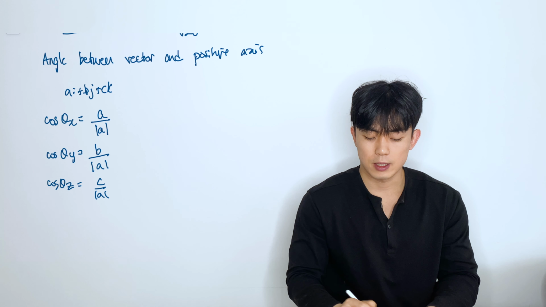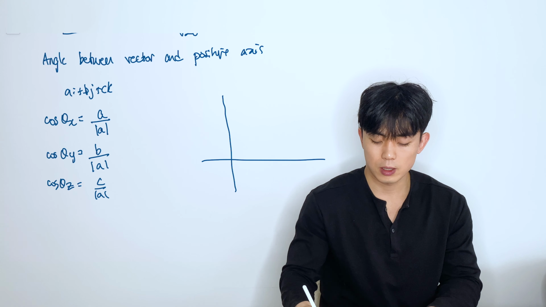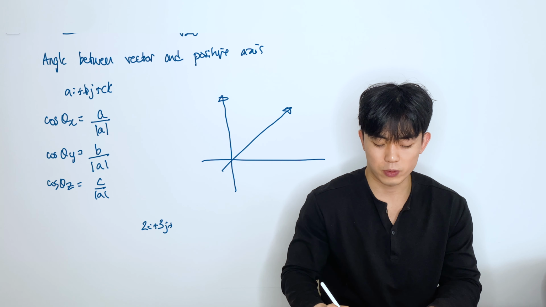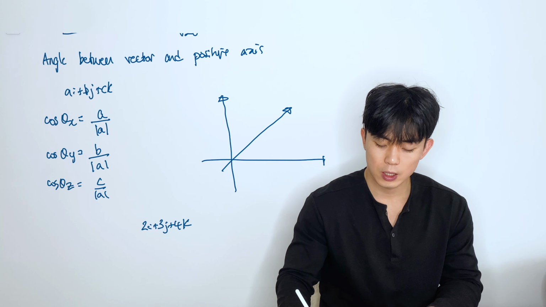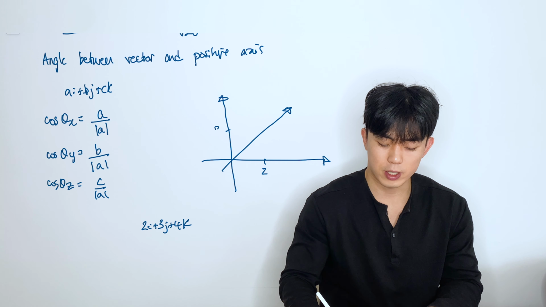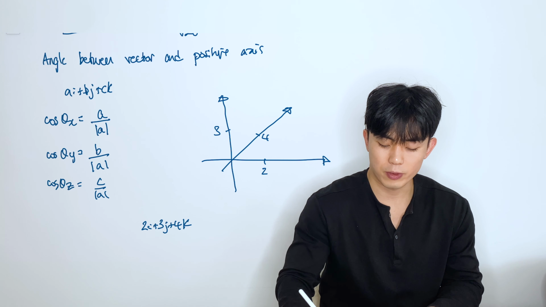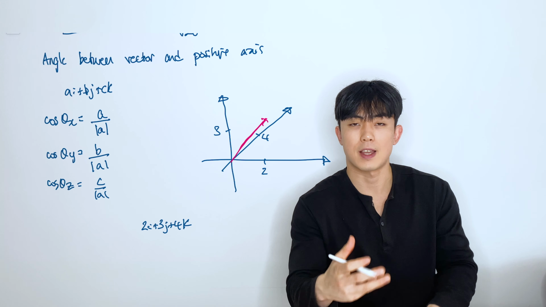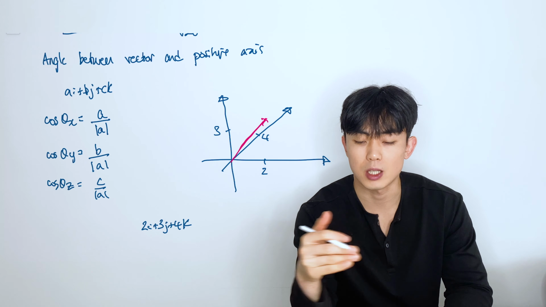So if I was to draw the vector 2i plus 3j plus 4k again, it'll be roughly here. Okay. Now these equations tell us the angle this vector makes with the positive axis.